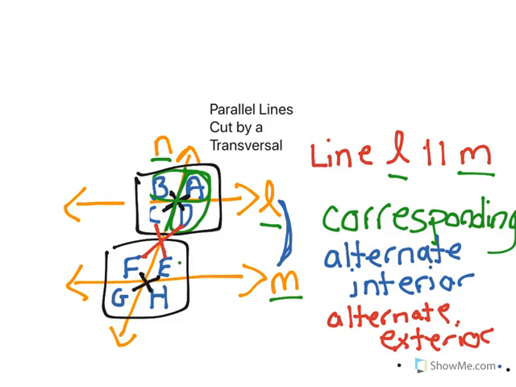So that's going to be talking about angles like A and G, outside of my parallel lines, but on the opposite side. So A and G are alternate exterior angles, and angles B and H are alternate exterior angles. Now those angles, just like alternate interior and just like corresponding, are going to be congruent.